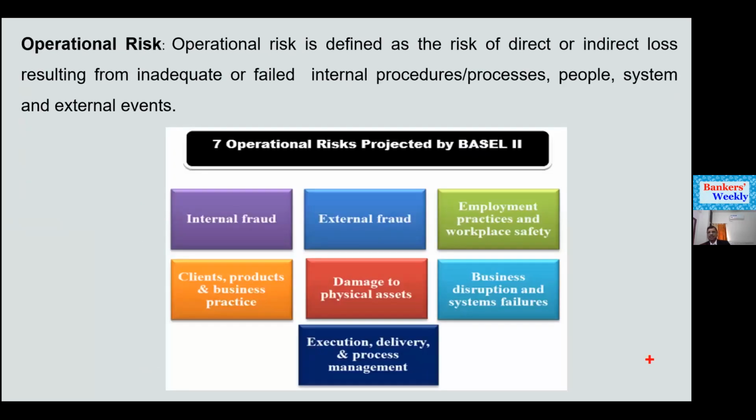Operational risk. As we are all aware, operational risk is defined as the risk of direct or indirect loss resulting from inadequate or failed internal processes and procedures, people, systems, and external events. In fact, Basel II projected the 7 causes of operational risk.